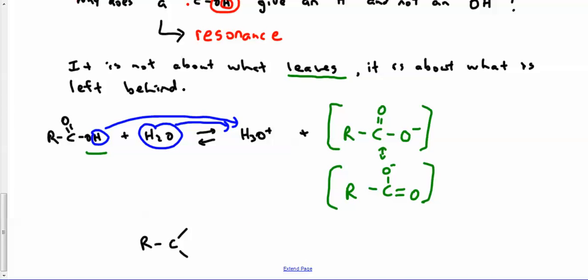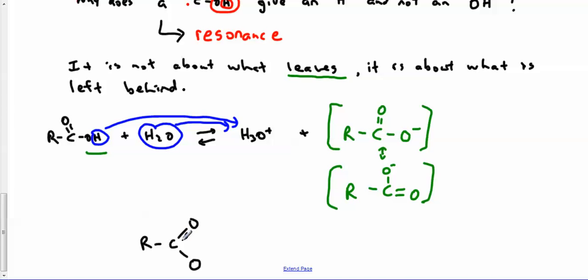So one might say here, if I'm looking at this ion here, that I've got an O and an O, and it's not a single and then a double and then a single, flipping back and forth. It's kind of a combination of both.